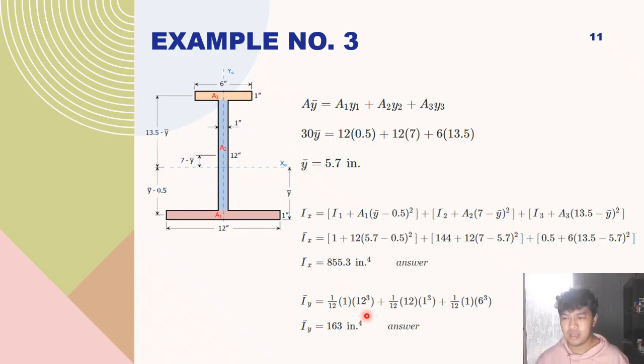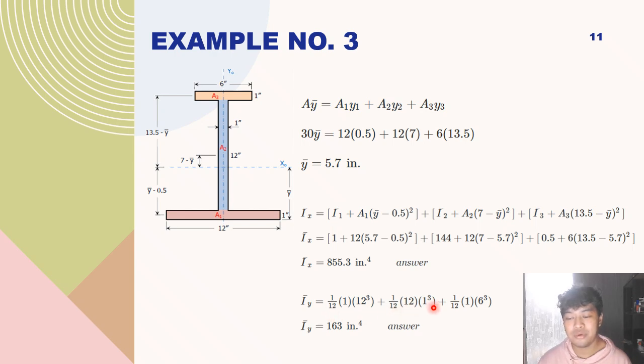I made a mistake earlier. So this first term is still for area 1. Our base is 12 inches cubed times height 1 inch divided by 12.